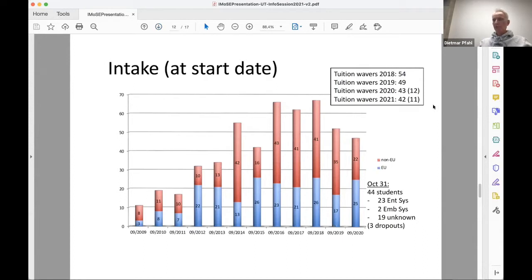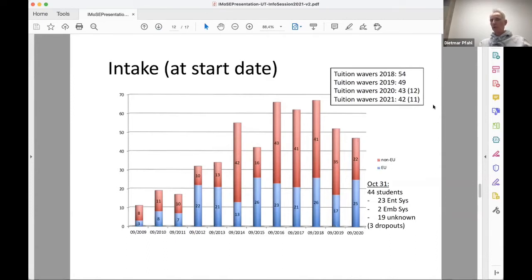Of the 55 positions, there will be in total 42 tuition waivers in 2021. That means you would not have to pay, but the university decided last year that this will be split between international, that means non-European Union students, and European Union students. For non-European Union students, there are only 11 tuition waivers reserved.